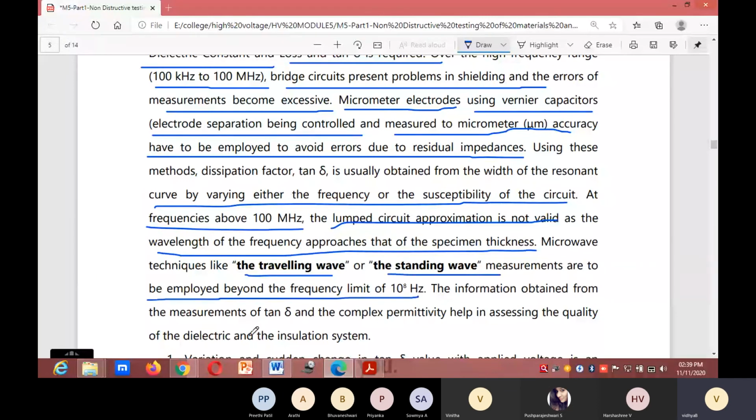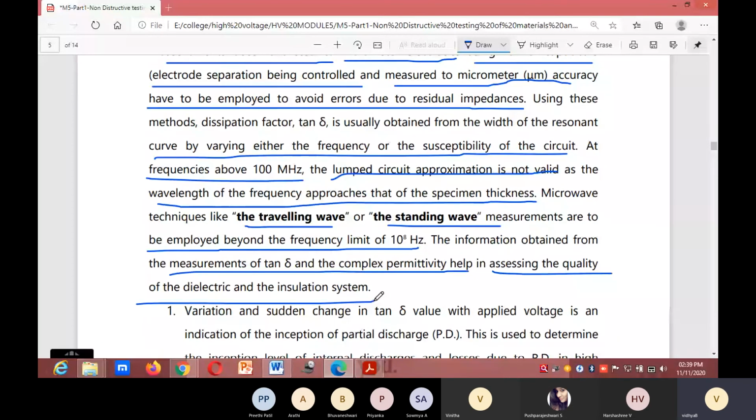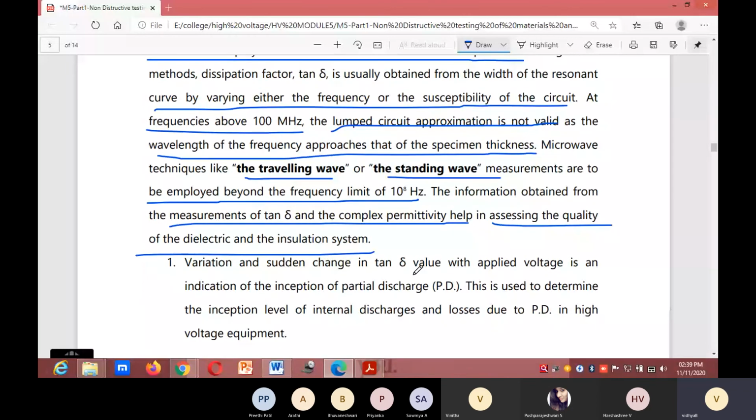The information obtained from the measurements of tan delta and the complex permittivity helps in assessing the quality of the dielectric and the insulation system. Variation and sudden change in tan delta value with the applied voltage is an indication of the inception of partial discharge.